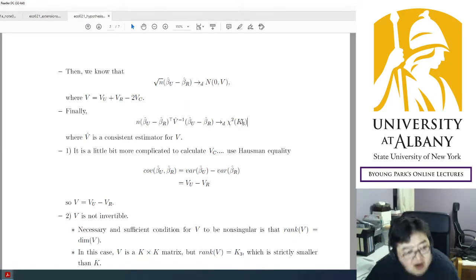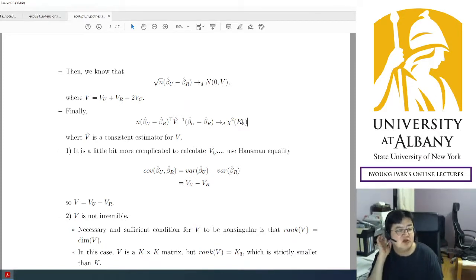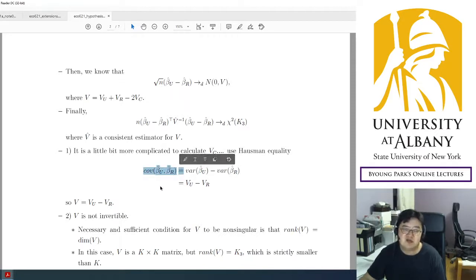But here, I will think about two problems, which were already described in the previous lecture. First, covariance is not easy to calculate, but the Hausman equality simplifies the computation a lot. You don't need to calculate the covariance in the end, because the covariance is the difference between two variances, and then in the end, the variance simplifies to this. So this is the final variance.